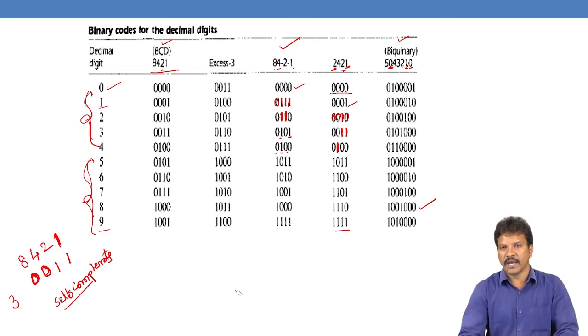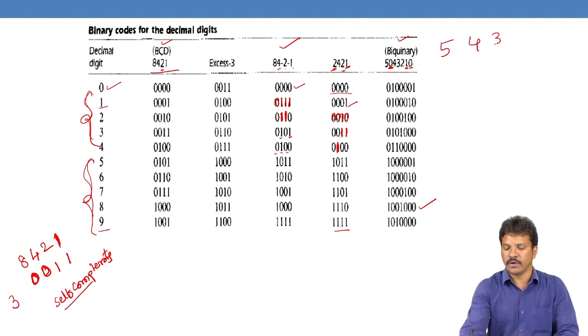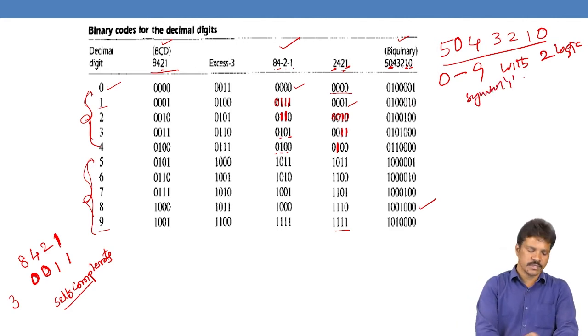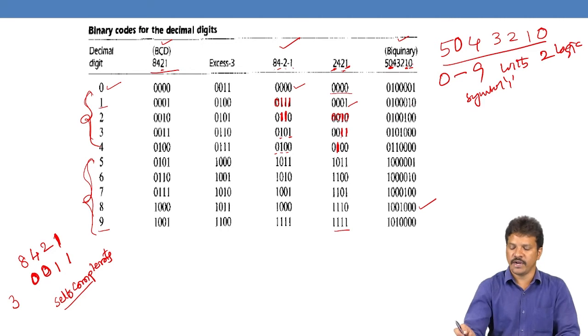In order to make the digits 0 to 9, each number consists of 2 ones, so the code is prepared like this, 5 4 3 2 1, with zeros put here and here, so that we can create the digits 0 to 9 with 2 logic ones, logic level symbol 1. 2 logic ones must be there in each and every digit.